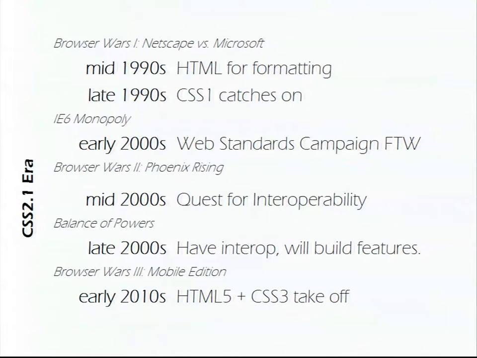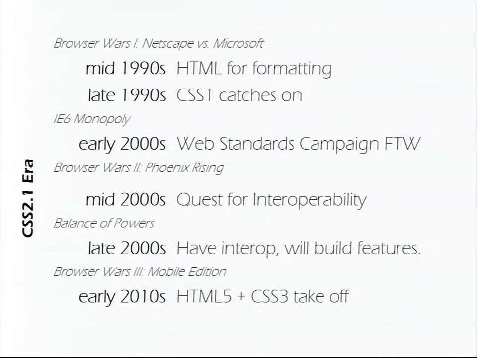We had started on CSS Level 3, where we wanted to add great layout stuff amongst other things. But in the early 2000s, we realized that there was a bigger problem to solve here, and that was interoperability. If you loaded your web page in a browser, it didn't really look the same in the next browser you loaded. There were a lot of inconsistencies in the rendering.